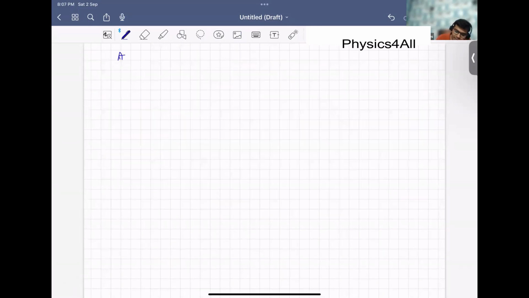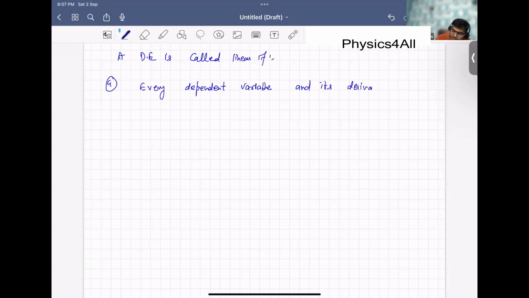Or a differential equation is called linear if every dependent variable, that is y or whatever it is, and its derivatives occur in first degree only.